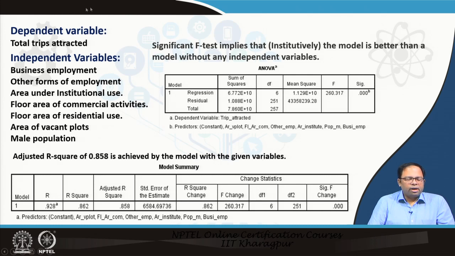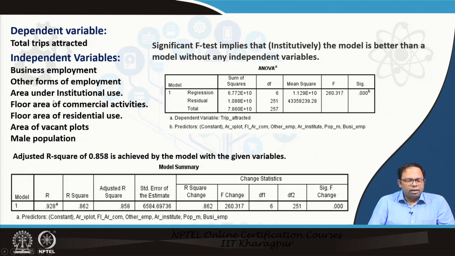So, over here we found that the dependent variable is total trips attracted, and the independent variables that we have used are business employment, other forms of employment, area under institutional use, floor area of commercial activities, floor area of residential use, area of vacant plots and male population. So, these are the variables which have influenced the total number of trips attracted in a particular area.